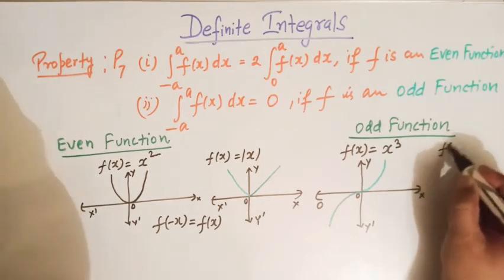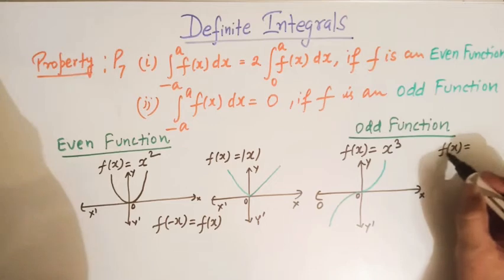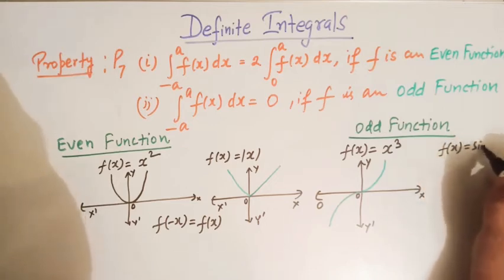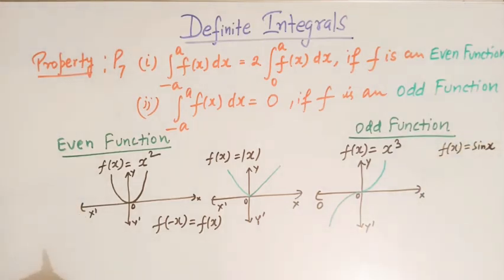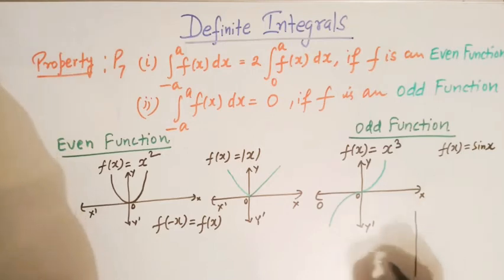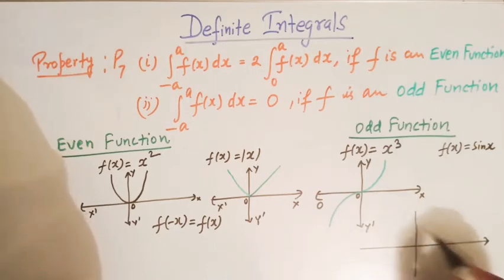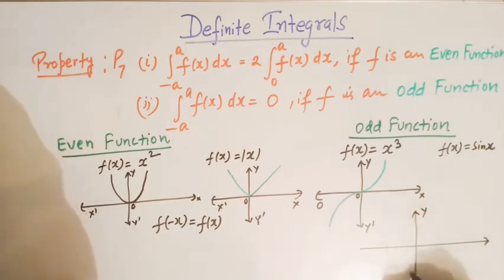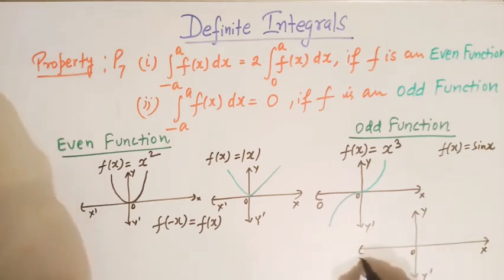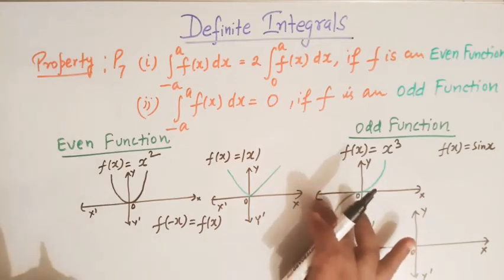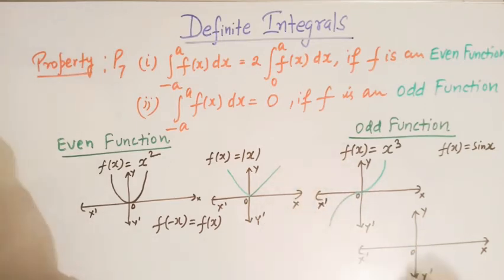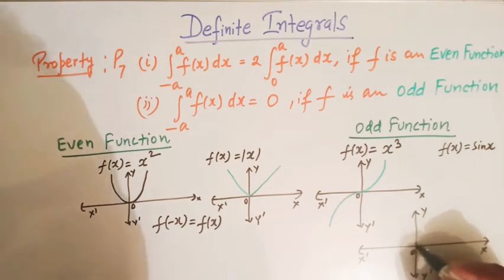Let us take one more graph, that is f of x is equal to, say, sine function. Now the sine function can be plotted as, see, here we have the sine function, and sine function can be plotted like this.